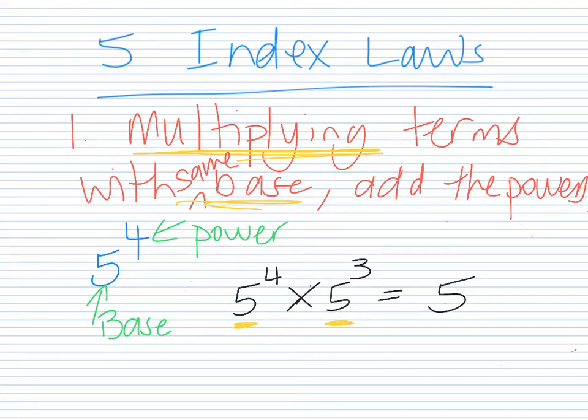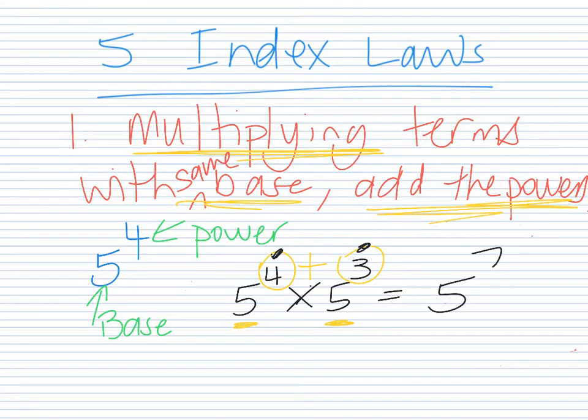Then we must add the powers. Here are our powers, so ultimately we are adding those together. So it'll look like this. So 4 plus 3 equals 7.